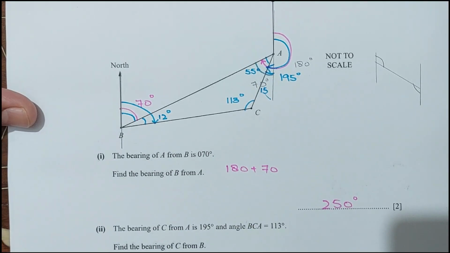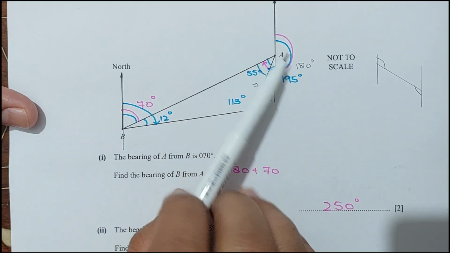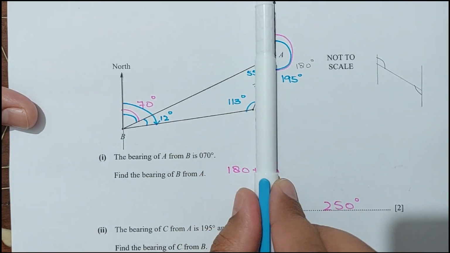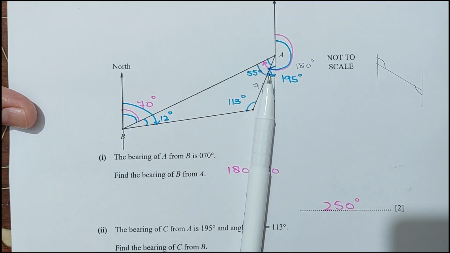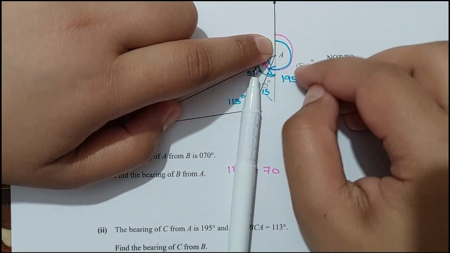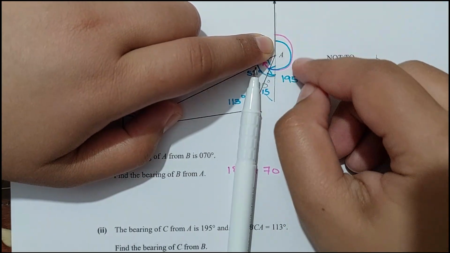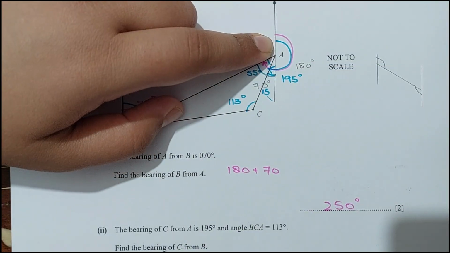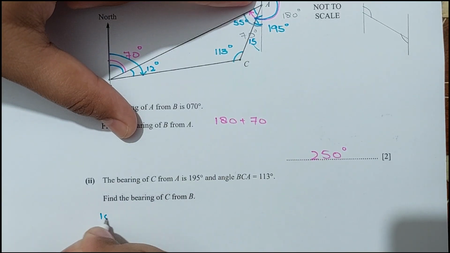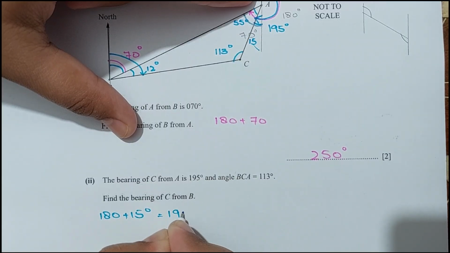So let me explain one more time what I did. As we know, this straight line is equal to 180 degrees, right? So to 180 we add something because the bearing from A to this C is 195. If we add 15 to 180, this is 195, right? So let me show you. 180 add 15, this would be 195 degrees.